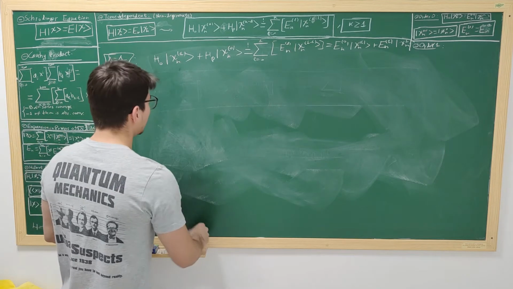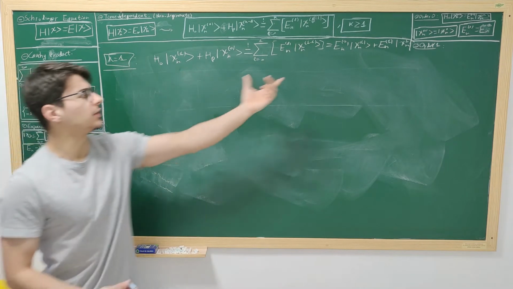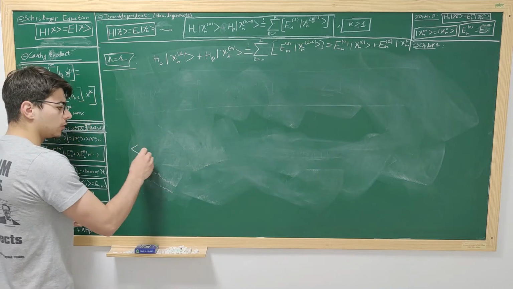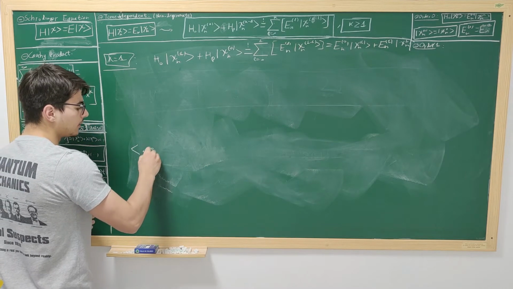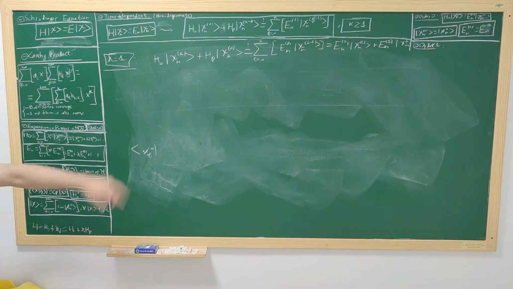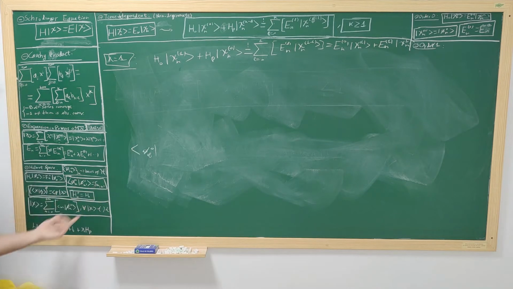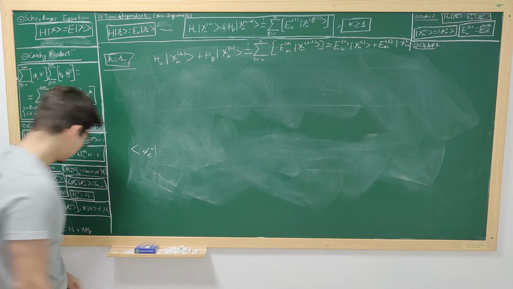So what do I mean with this? What I'm going to do on both sides of this equation is to take the inner product with the bra 0L, where L is really any value, it's an arbitrary element of our basis.